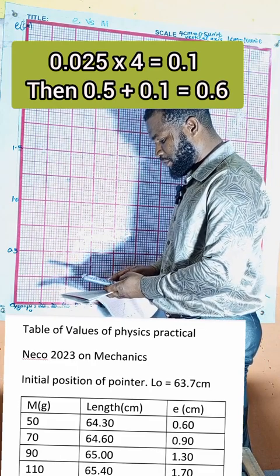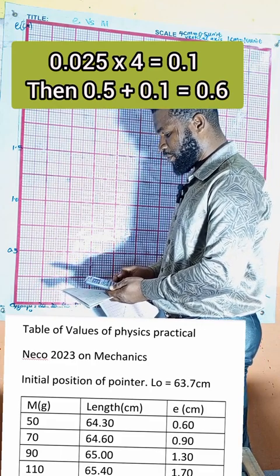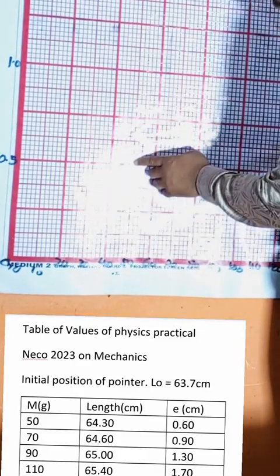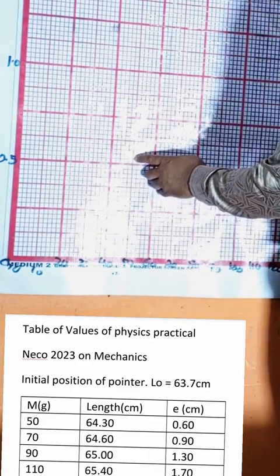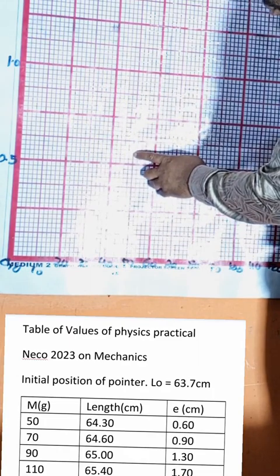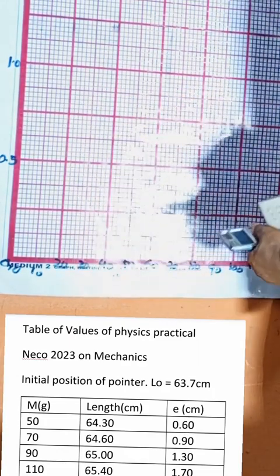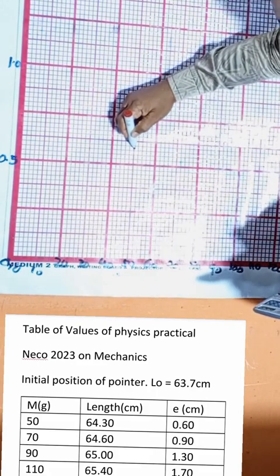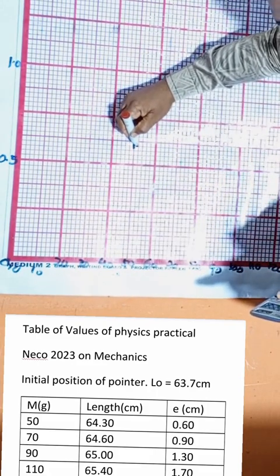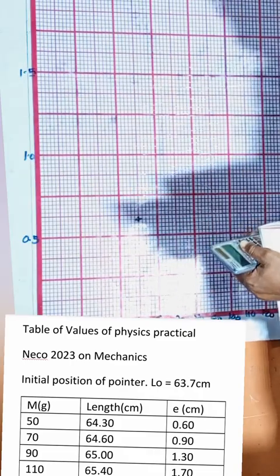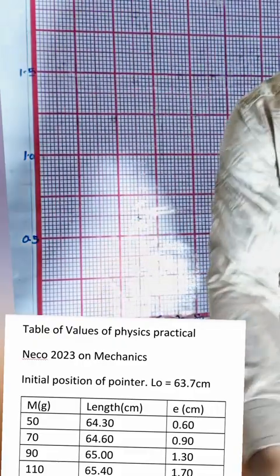Then plus 0.5, you have 0.6. That means you need 4 lines. So under 50, this is 0.5. 1, 2, 3, 4. So this is the point, which is 0.6 under 50. I've gotten that first coordinate.